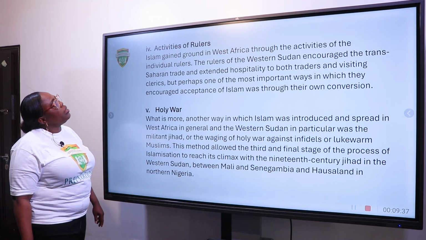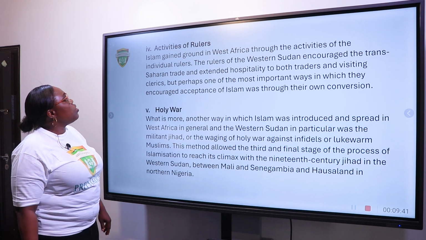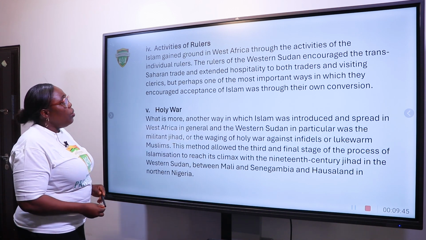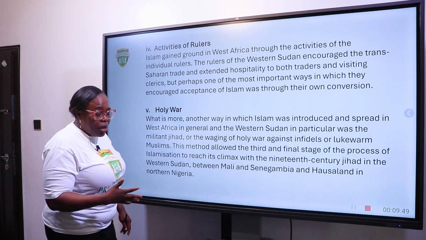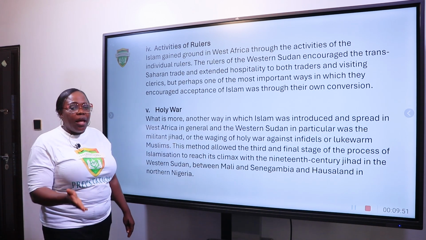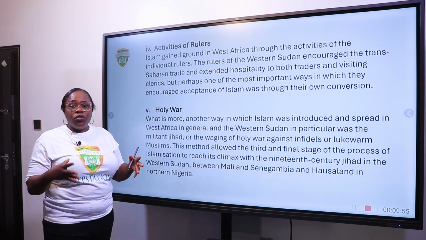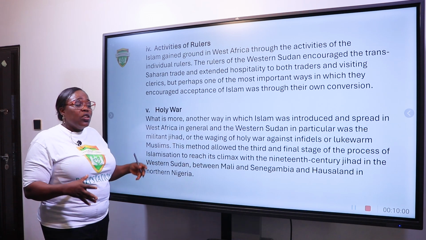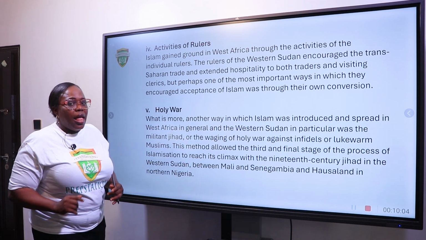Another thing is Islam gained grounds in West Africa through the activities of the individual rulers, the kings. So when the clerics, the Islamic scholars, introduced Islam to the rulers, to the kings, to the emperors, it was easy for the emperors to see that their subjects practice Islam.